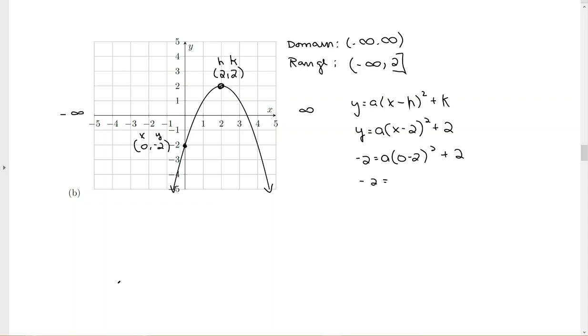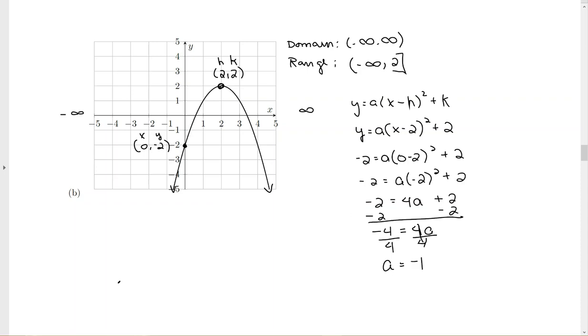So again, do what's inside parentheses. I'm going to take negative 2 and square it. That's 4, but I'm going to move the 4 in front of the a and then solve for a. So subtract 2 from both sides. Now this time I'm getting a negative 1 as an answer, which kind of makes sense.